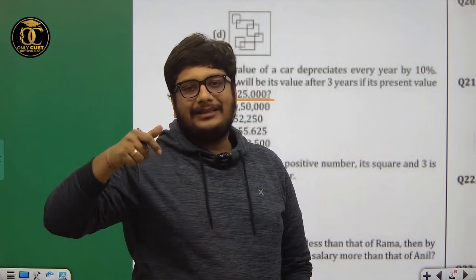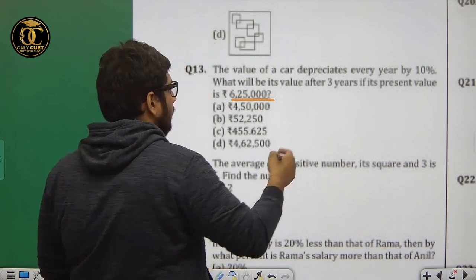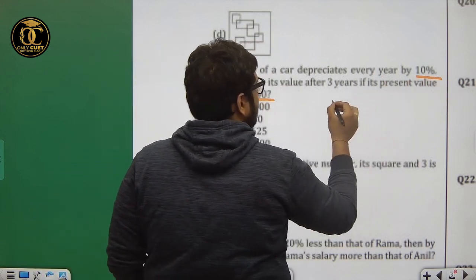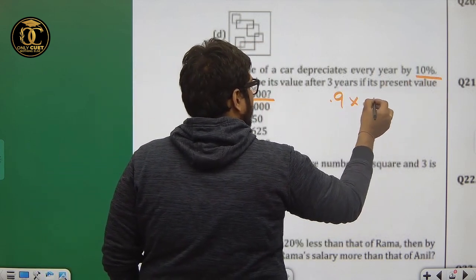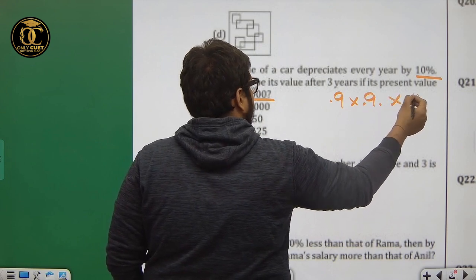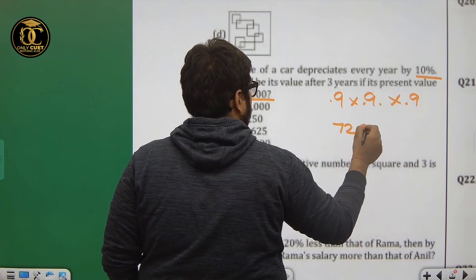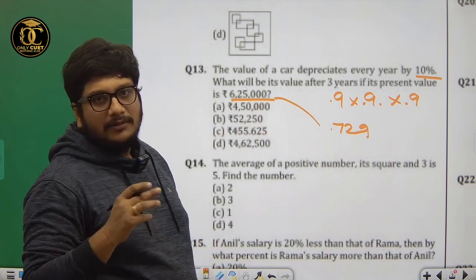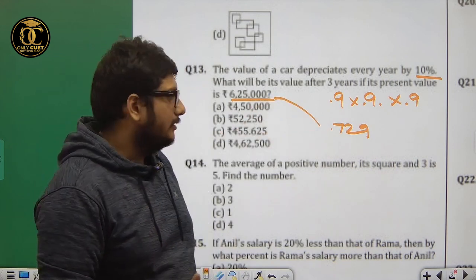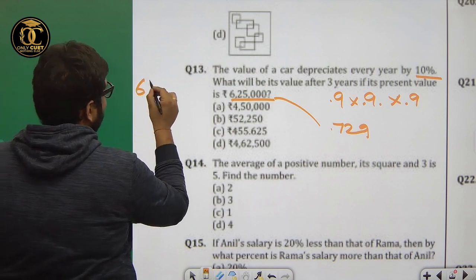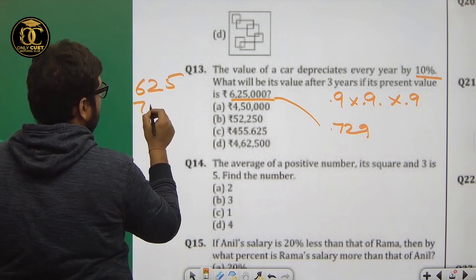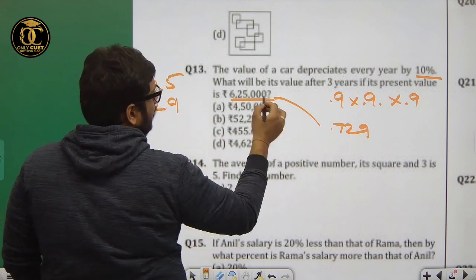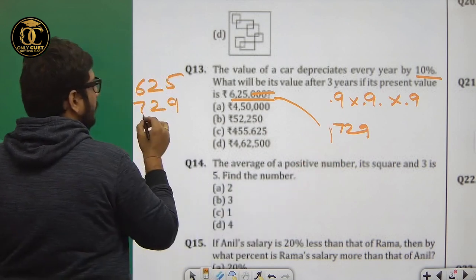Here we have to find the multiplying factor. That would be very easy. Depreciating by 10% means 0.9, again 0.9, again 0.9. Cube of 9 is 729. So multiplying by 0.729 will give me the value after 3 years. So 6,25,000, I can say 625 multiplied by 729. 3 zeros and decimal got cancelled.